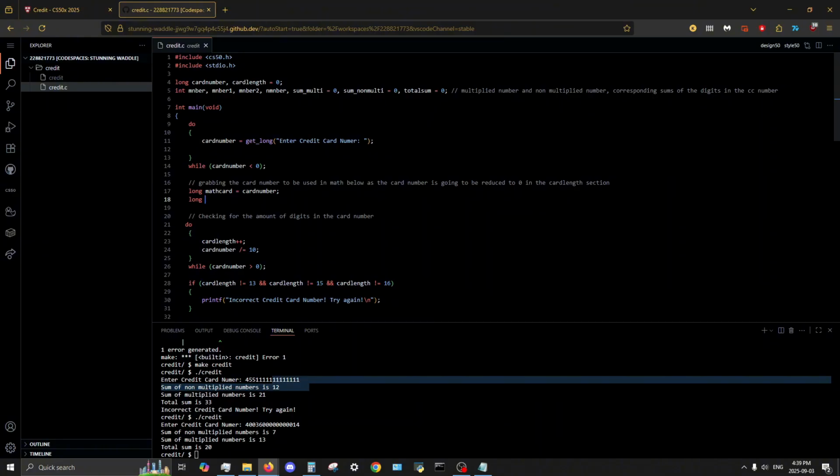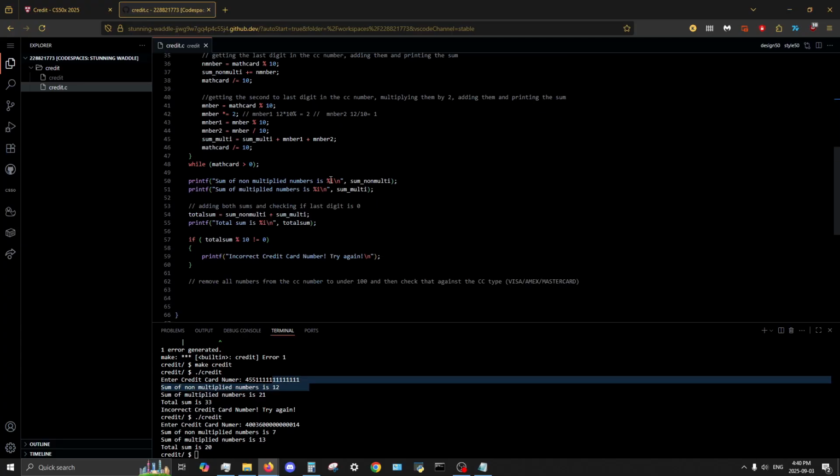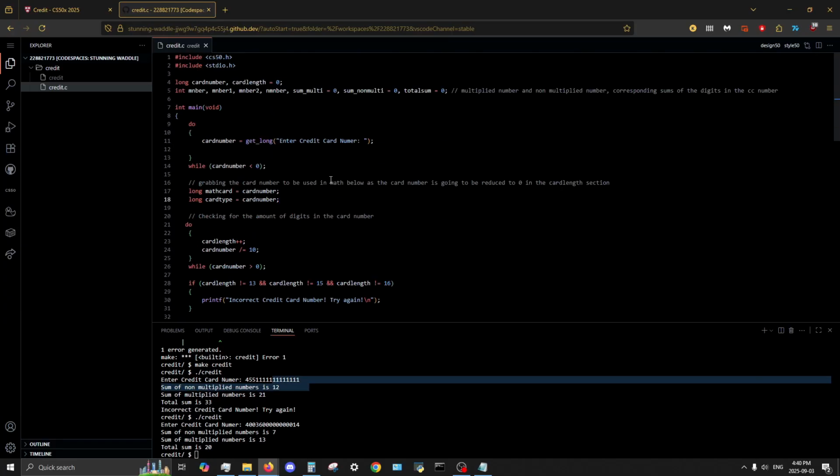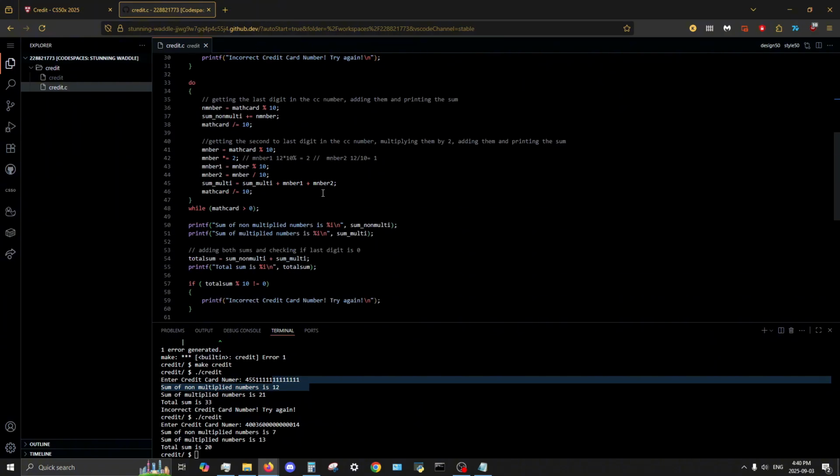It's the long card type equal to card number. So here, match card gets to 0.